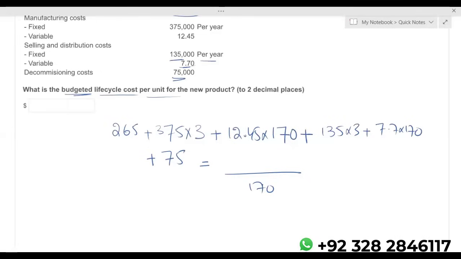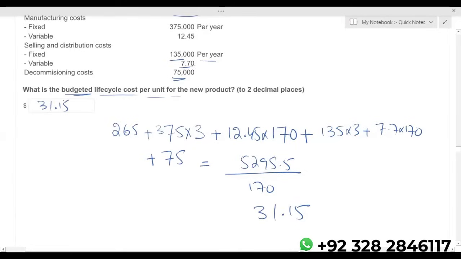I'm getting 5,295.5 divided by 170. Students, I'm getting 31.15.